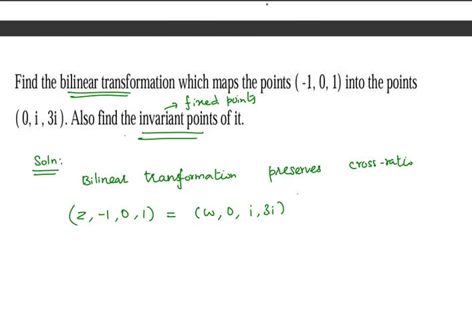So we know the cross ratio formula, correct? What is the cross ratio formula? I want to write it.